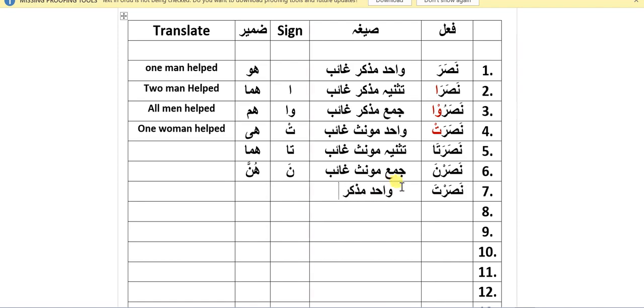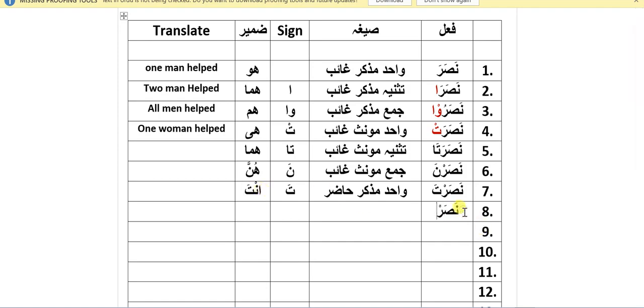wahid muzakkar hazir. It's okay if you are not able to understand the uses of zamir right now. The uses of zamir totally depend on exercise and proper storytelling books. So don't worry about it right now. Just remember which zamir represents what. Wahid muzakkar hazir. Sign is ta having fatha and zamir is anta, which means you.